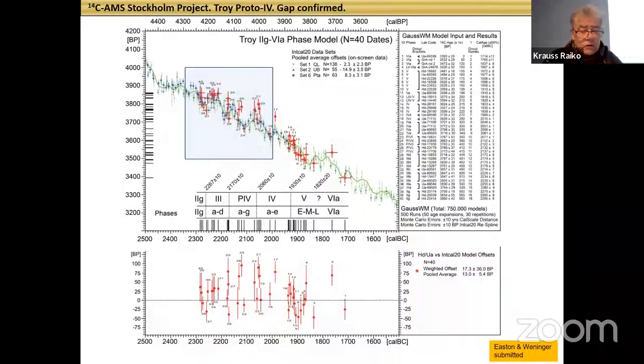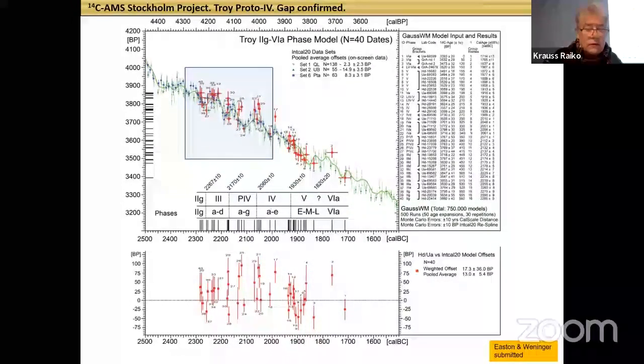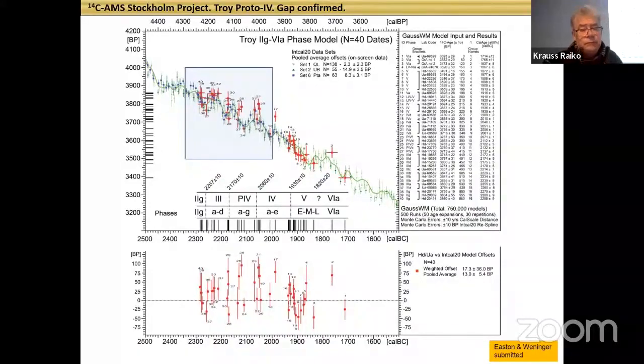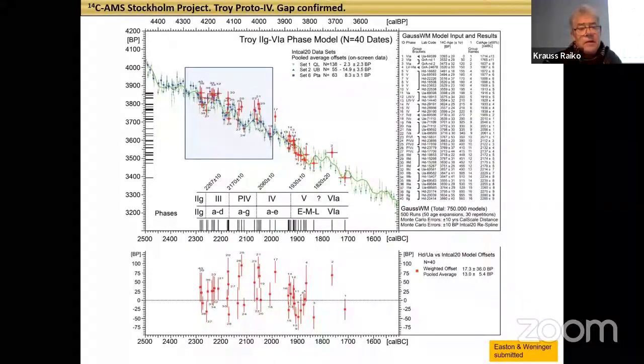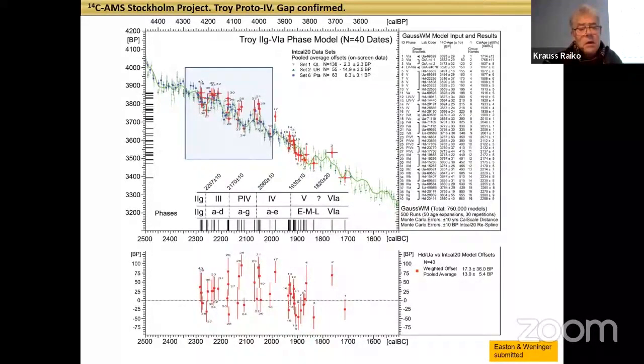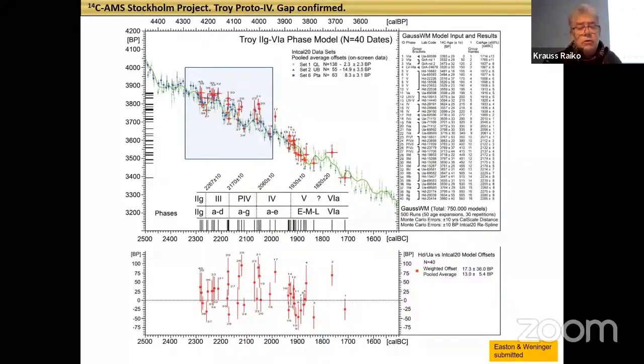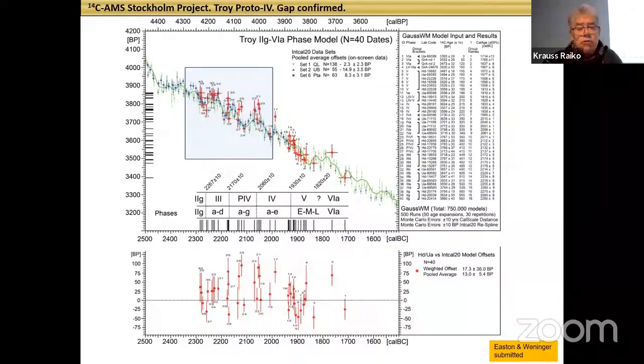Altogether, the bottom picture, the red one, I'm quite happy with. It's something which I'm using all the time now. Developed it last year together with Stefanos in Sidon, and is that we take the IntCal data. You can see at the top it says set 1, Queen's Laboratory, set 2, University of Belfast, Pretoria.